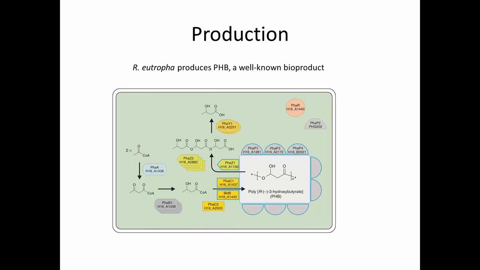So as you all know, because I talk about it so much, Ralstonia eutropha naturally produces polyhydroxybutyrate, PHB, this molecule right here. And that is a well-known bioproduct, and we can modify it to a certain extent to make other slightly different polymers, but it's most well known for this PHB.